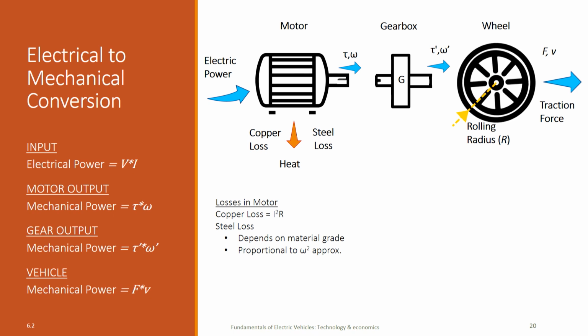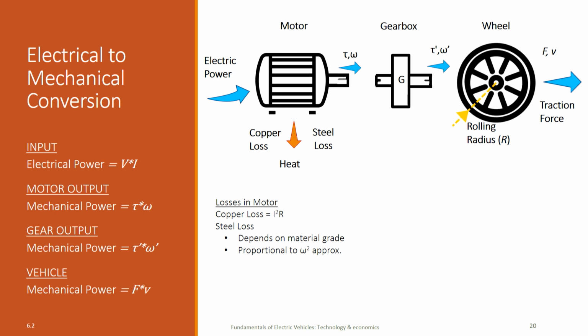Eddy current is a current that is circulated by the action of what is called Faraday's law, because the flux is changing. There is a circulatory current that is set up, and the magnitude of this is proportional to the frequency. The magnitude of the loss in one cycle is proportional to the frequency. The total loss is in turn proportional to the frequency.